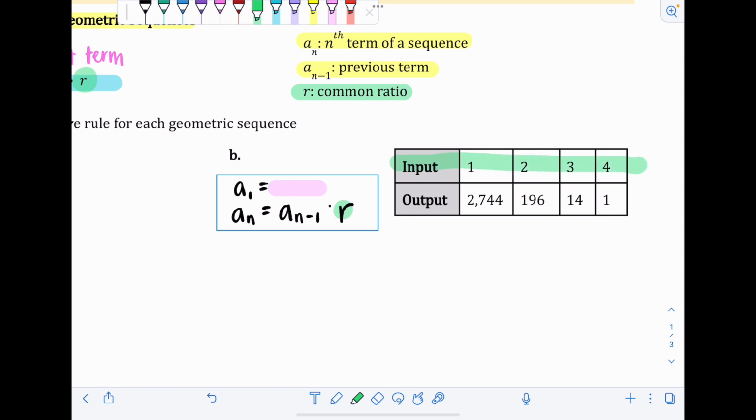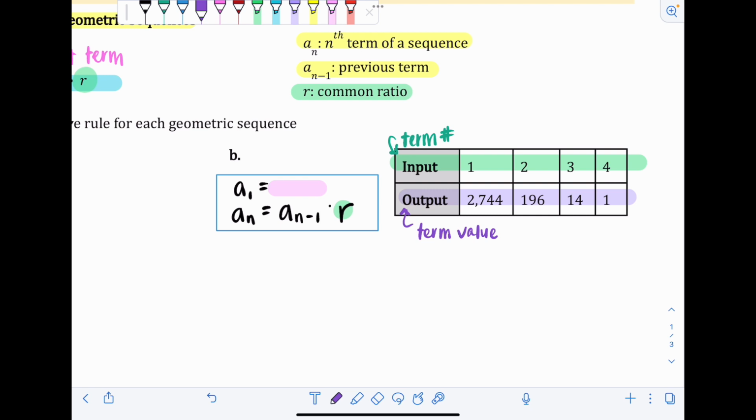It's really good, if you're not comfortable with that right away, to leave a note for yourself each time, so if you go back and look at your notes, it makes sense. So input is term number, and output is the term value. Hopefully those are starting to get a little more comfortable at this point. So term number is the top, the input, and term value is the bottom, the output.